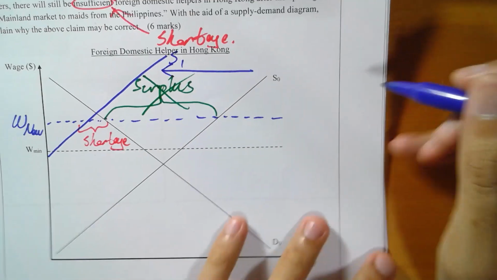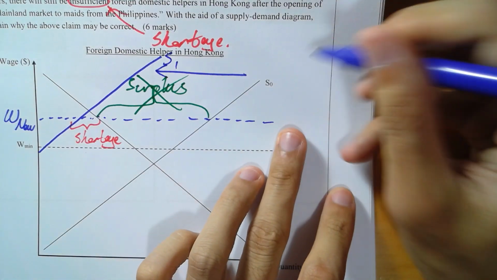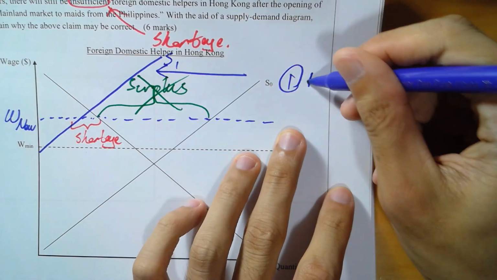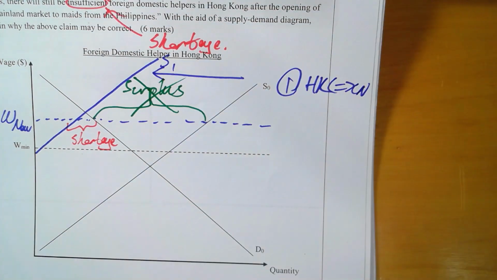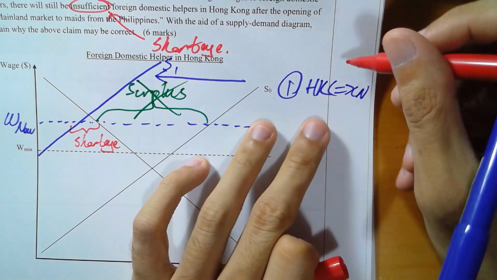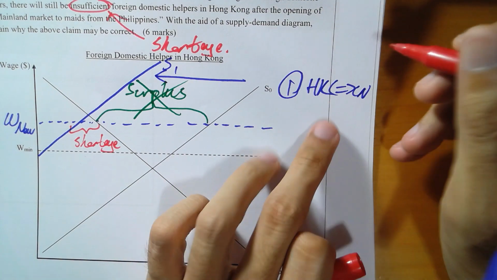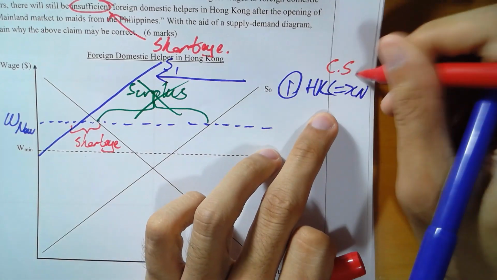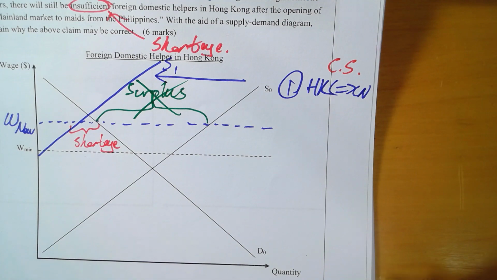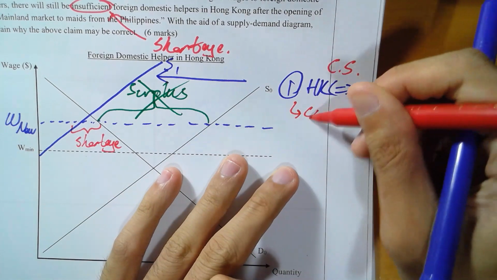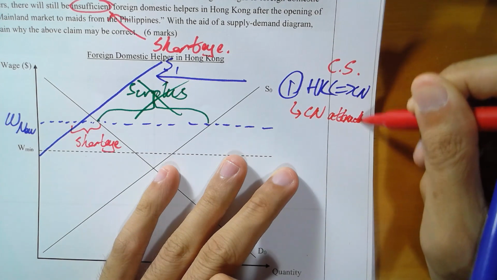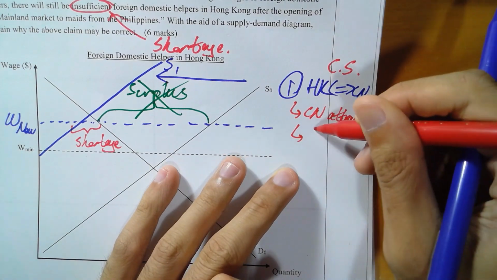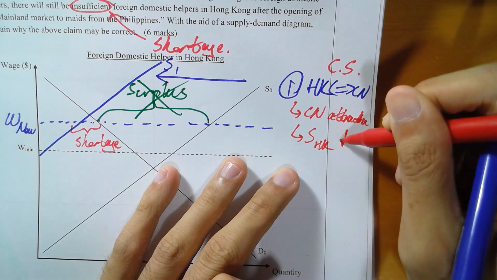Now, verbal explanation, we say that the Hong Kong market and the China market, 而家我哋講 supply 嘛，they belong to competitive supply. Since CN becomes more attractive, so supply in Hong Kong would decrease.